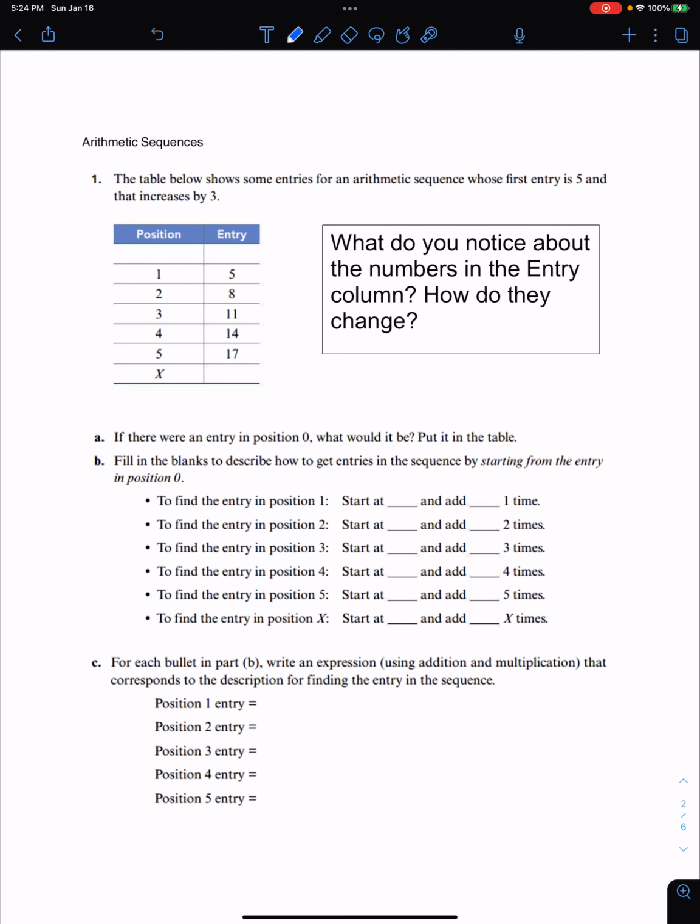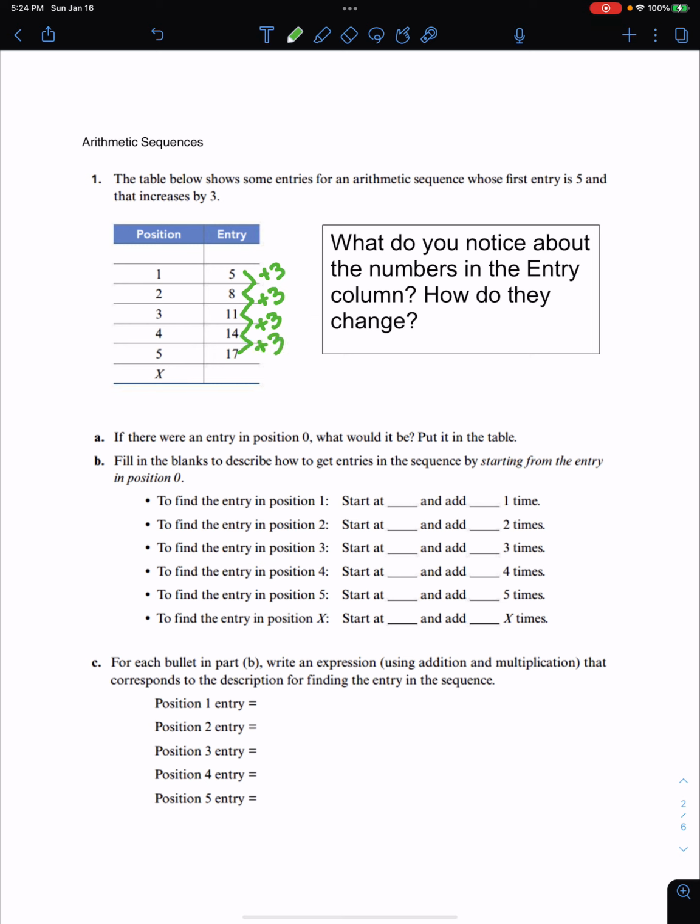But what I see in this entry column is that every time I go from one number to the next, I'm adding 3. And remember, we're looking for patterns here in this section.